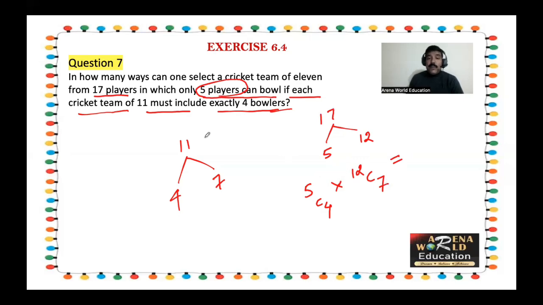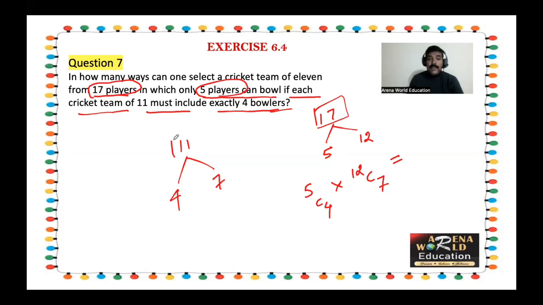Here, the main point is you have to understand 17 players are given, and we will divide these 17 players in 2 groups, right? So here, according to given condition, 5 players can do the bowling and 12 are for other positions. So 17 is divided into 5 and 12.